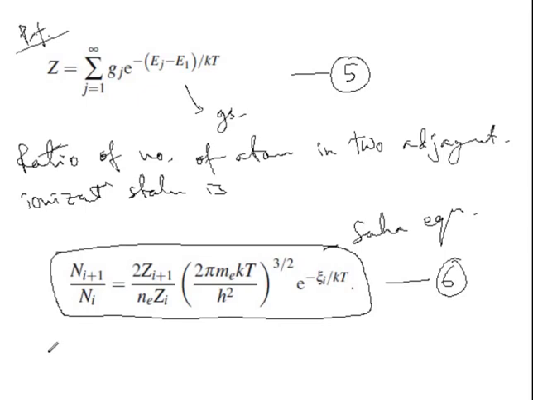But how do we get this? For an element X, this equation results from considering the thermodynamic equilibrium of the reaction X_i going to X_i plus 1.